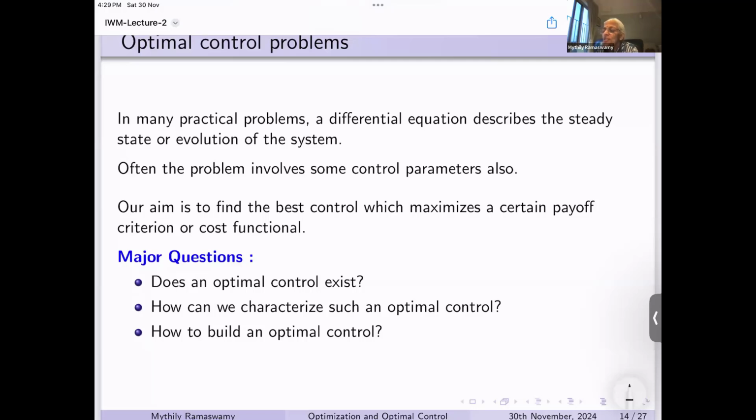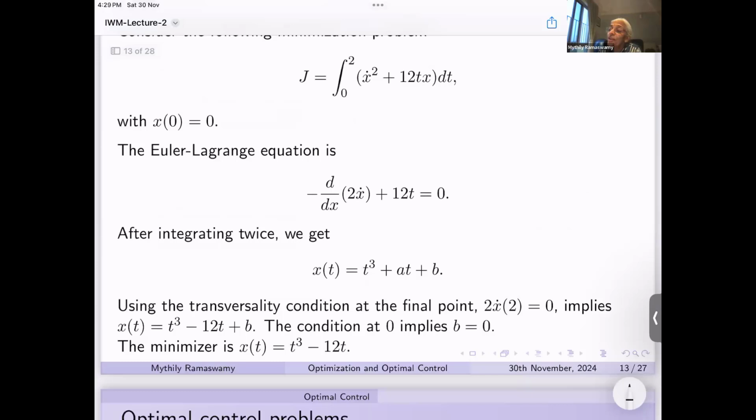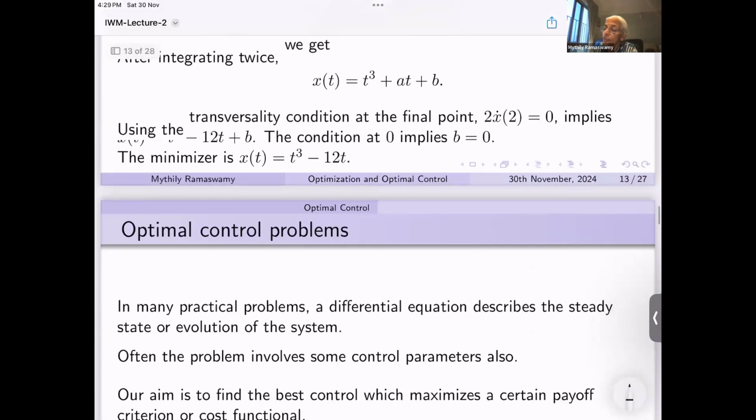So the major questions are, does an optimal control exist, how do we characterize it, and how do we build an optimal control? Most of the time it has to be done by computers, because by hand you can solve the ODE only in very few cases. So in simple examples, we can solve. Otherwise, we'll have to take recourse to numerical computations.